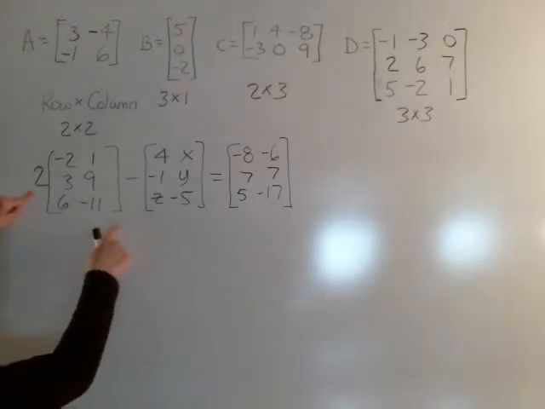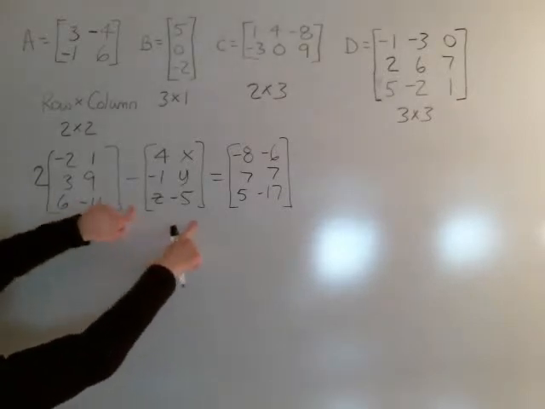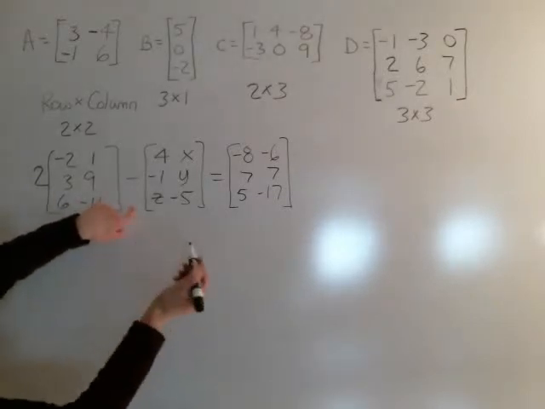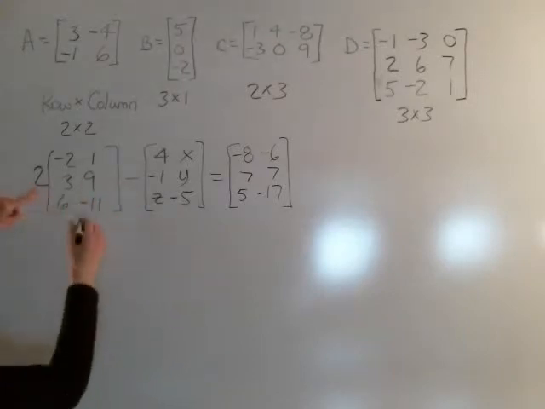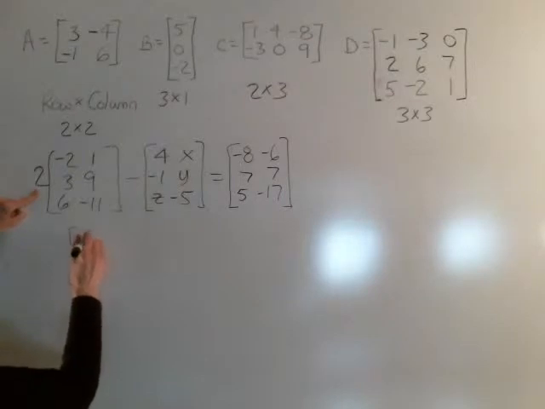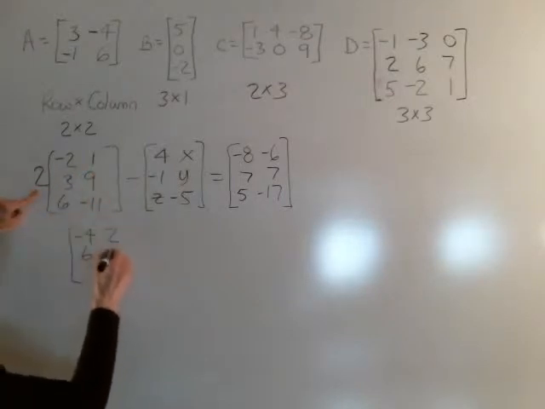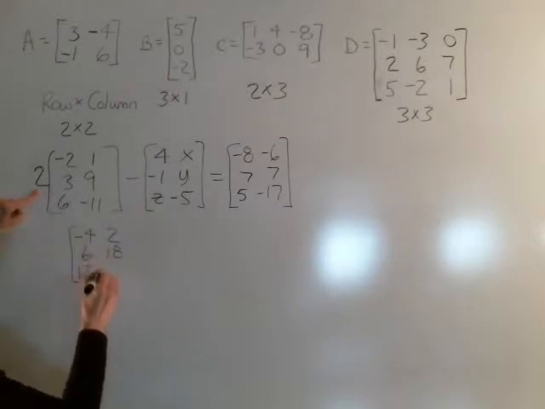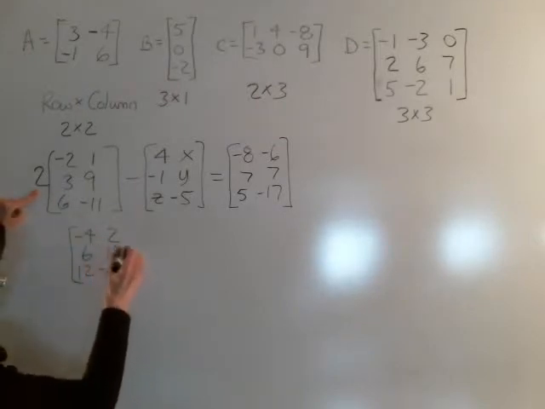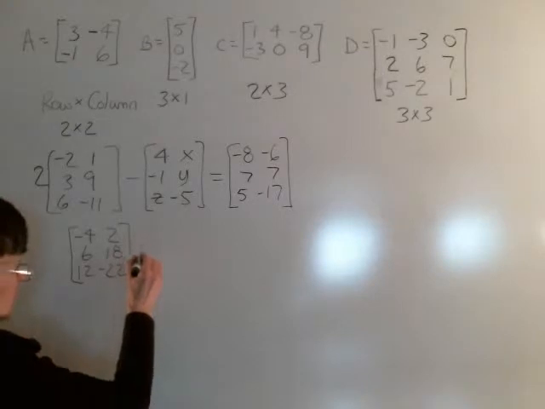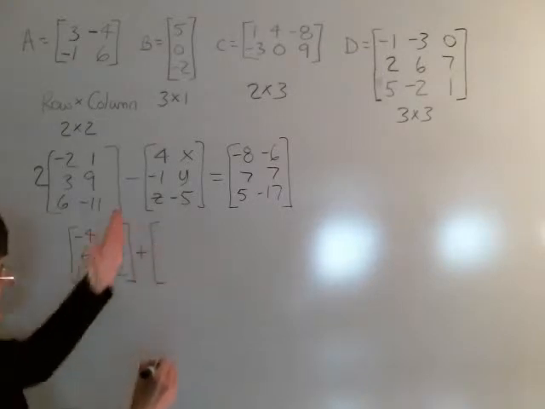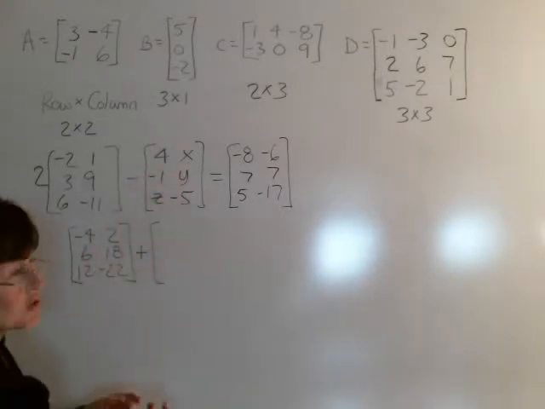I'm going to multiply this matrix times the scalar and this matrix times the negative sign so that I can add instead of subtract. So this matrix becomes 2 times -2 is -4, 2 times 1 is 2, 2 times 3 is 6, 2 times 9 is 18, 2 times 6 is 12, and 2 times -11 is -22. Over here, I'm adding, and I'm just going to make each one of these terms the negative of what it already is.